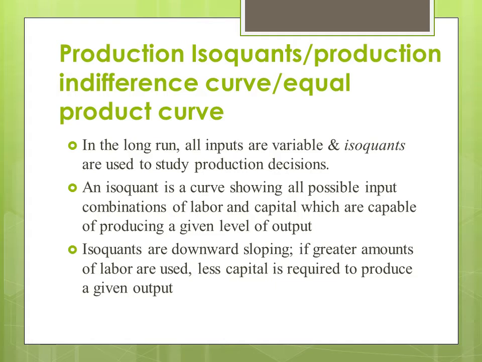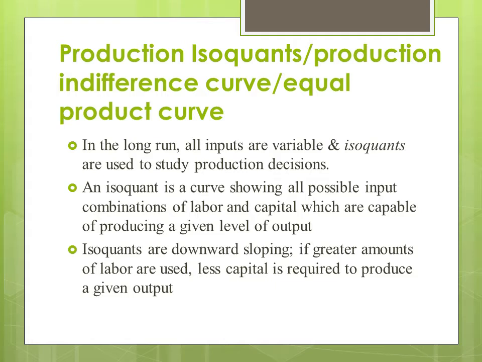The shape of isoquants is downward sloping, falling from left to right. If greater amounts of labor are used, less capital is required to produce a given output.